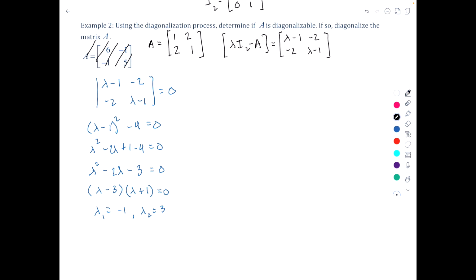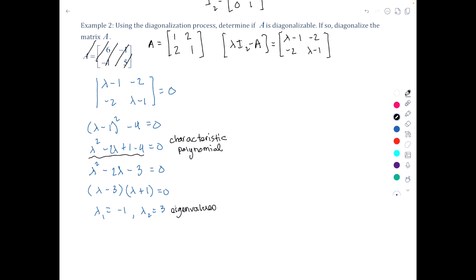And so this portion was our characteristic polynomial. And note that we have our eigenvalues here.